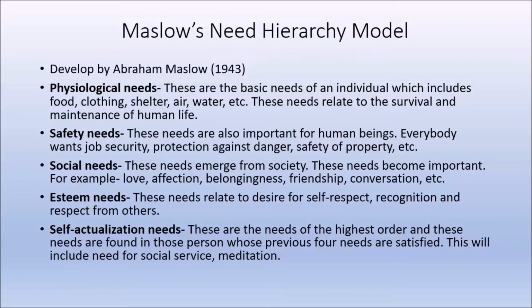This is usually related to survival, the aspect that humans need to maintain in their life. And the second is the safety needs. Abraham Maslow identified safety as the second important need of human life, in order to get protection or have security in life.